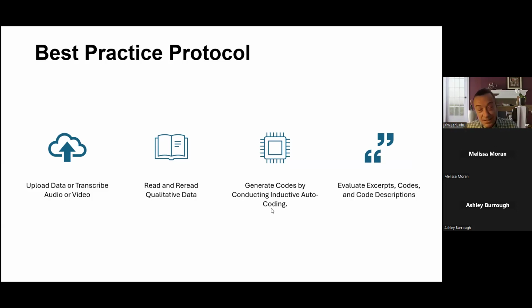Okay, the next step is to generate codes. Now, we can do that using auto coding, and it's very cool because the tool is going to derive those patterns with very little information, and then name that code and describe that code. That's going to happen.